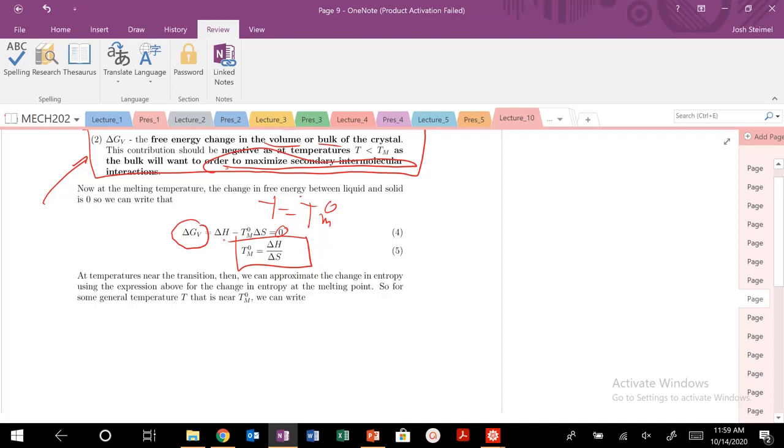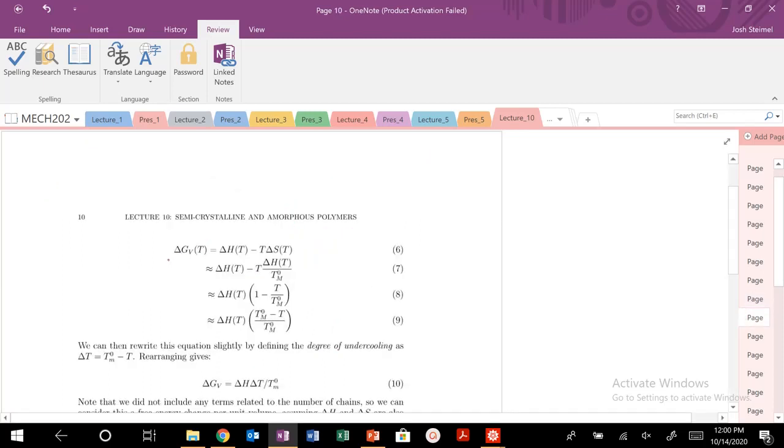Again, go back through your supplemental thermodynamic notes to remember these expressions. If I'm at some temperature that's near Tm naught, plus or minus, I could rewrite this expression like this. If I'm at some temperature T that's close, a little bit above or a little bit below this temperature, I can derive this expression and start to plug in some values.